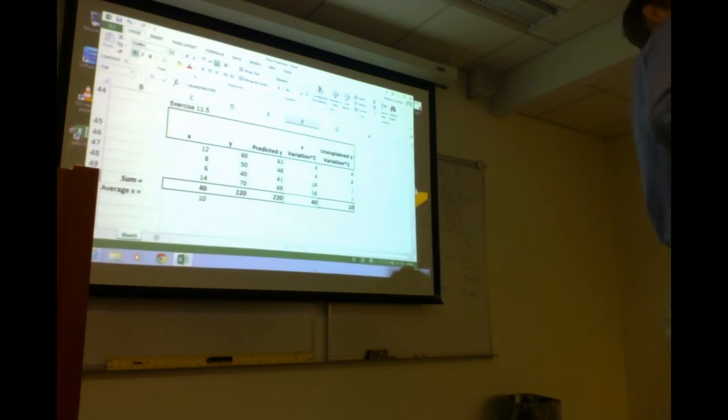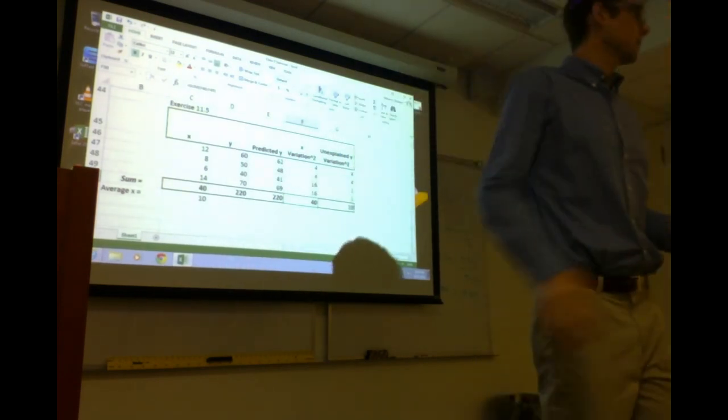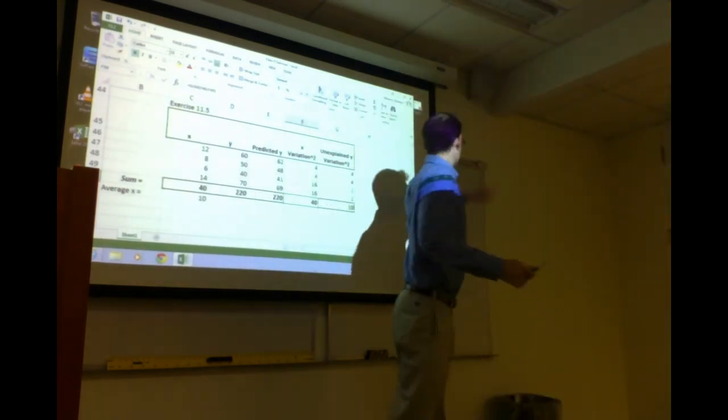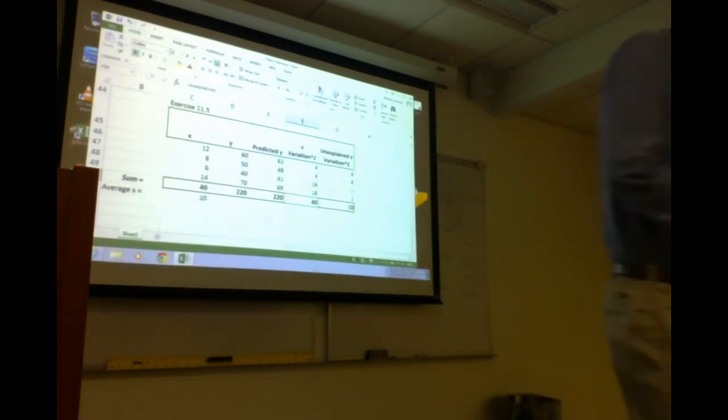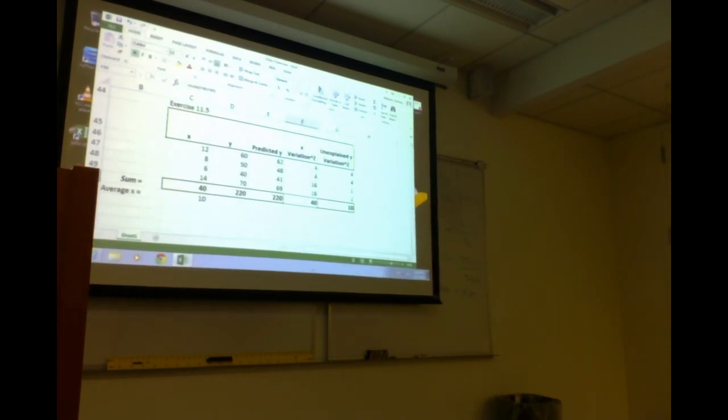So 2.5% we could get something really, really high, and 2.5% we could get something really, really low. If it falls in that range, we're going to say that's so unlikely that we're going to reject the null hypothesis. So we need a t-stat critical value for the 2.5% in the upper and lower tail.